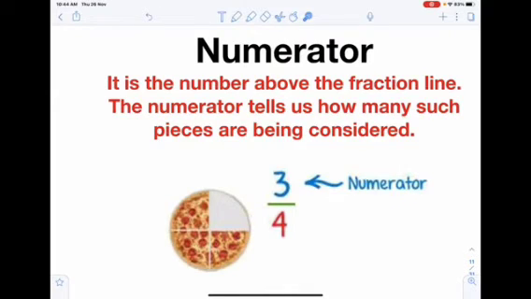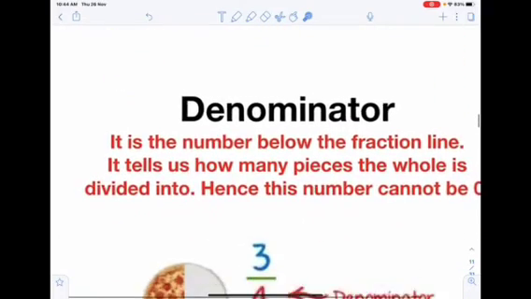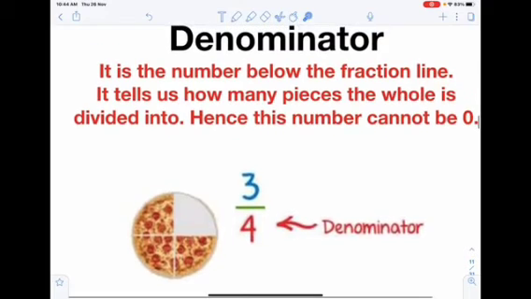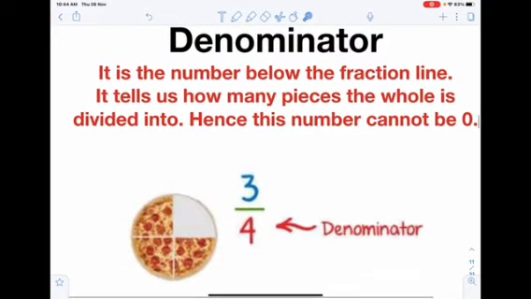Now, what is the denominator? Denominator again is the number below the fraction line. It tells us how many pieces the whole is divided into.